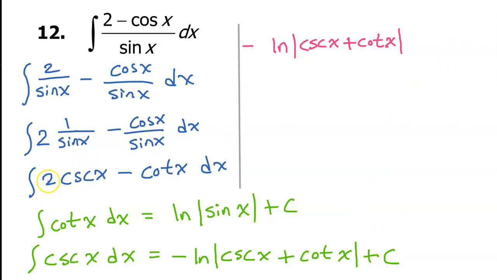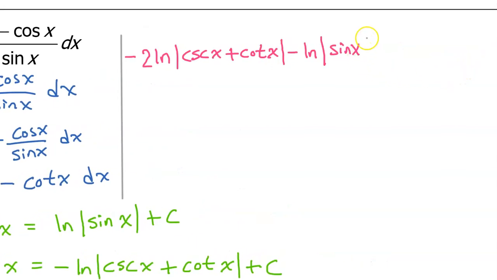Since I have a 2 right here, I'm going to put the 2 right here. Now watch for my cotangent rule. I've got this minus sign, so I will put minus. But then I will have the natural log of the absolute value of sine. So here we go. Natural log of the absolute value of sine x plus c.